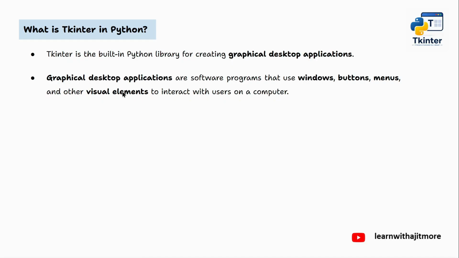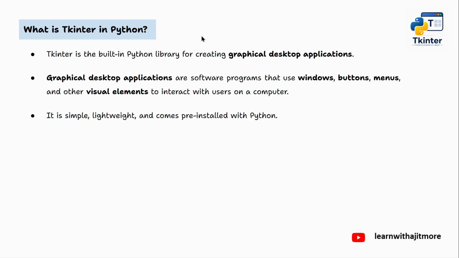Using those elements, the user does the interaction. When the user interacts, your application handles that interaction and reacts to it. What reaction to give, the application developer has to decide. Get it?